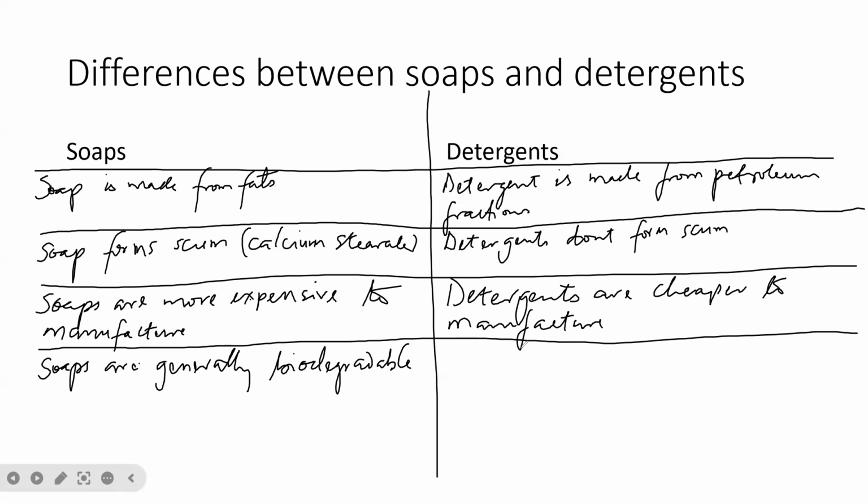Okay. What about detergents? Now the thing is that modern detergents are biodegradable. But detergents are mostly non-biodegradable. So let's write that first. Detergents are mostly non-biodegradable.